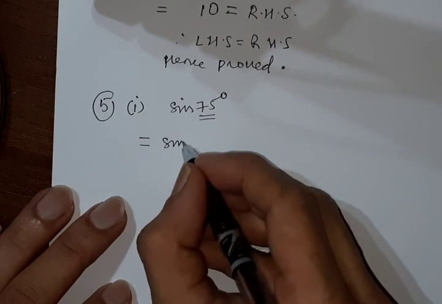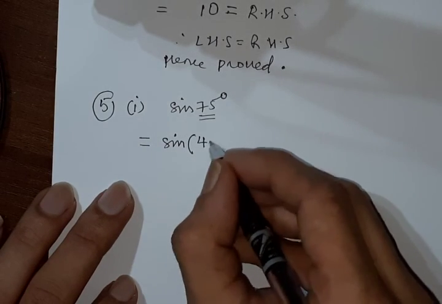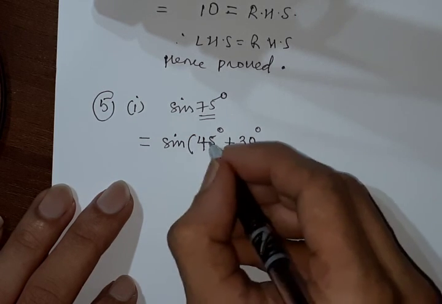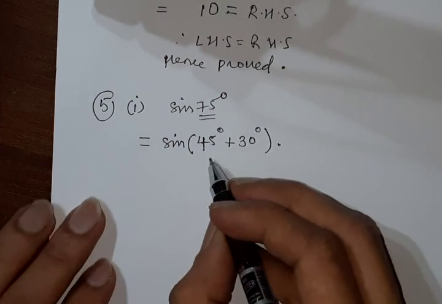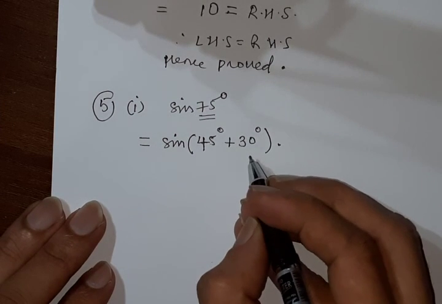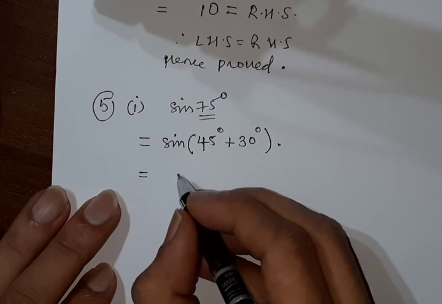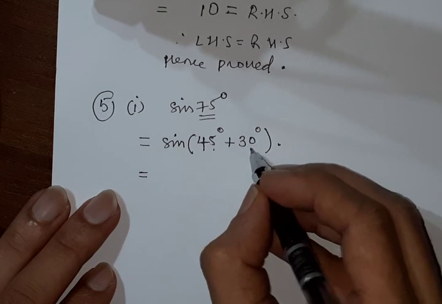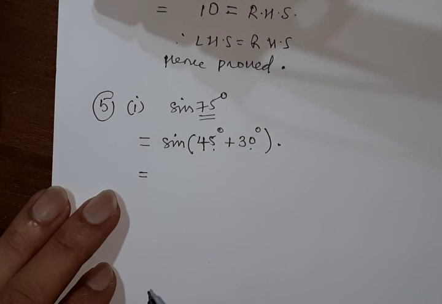Okay, so sine 75, how we can write? So sine of 75 we can write it as 45 degrees plus 30 degrees, right? Now this is equal to what? You have sine of angle A plus angle B here, okay, where angle A is 45, angle B is 30 degrees.